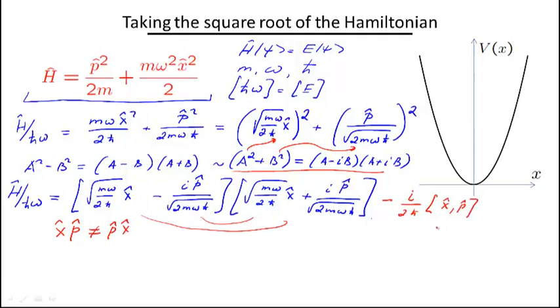And so this commutator of x and p is equal to xp minus px. You can verify that this term indeed appears just by expanding this product term by term and making sure that we reproduce the Hamiltonian in the left-hand side.